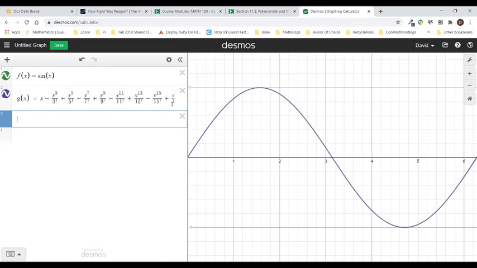Now, if you want to know how good this estimate actually is in this case, I'm going to go to a little table. I'm going to make y1 f of x1 and this one g of x1, and let's just plug in some numbers. For example, if I plug in 1, here's what the computer estimates as the sine of 1. Here's what the polynomial estimates as the sine of 1. And the thing about the polynomial is that it's just arithmetic, right?